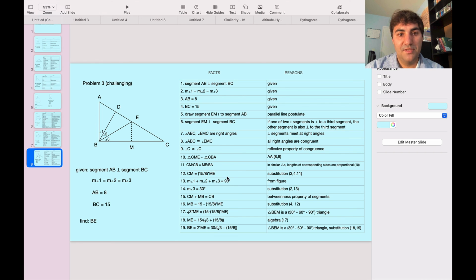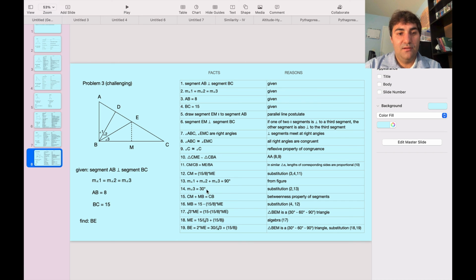So we can substitute: we know that the length of AB is equal to 8, and we know the length of BC equals 15, so it doesn't really matter which way. The length of CB is going to be the same as the length of BC, and the same thing for BA, right? So anyway, if I substitute, I get the length of CM is equal to 15 divided by 8 times the length of segment ME.